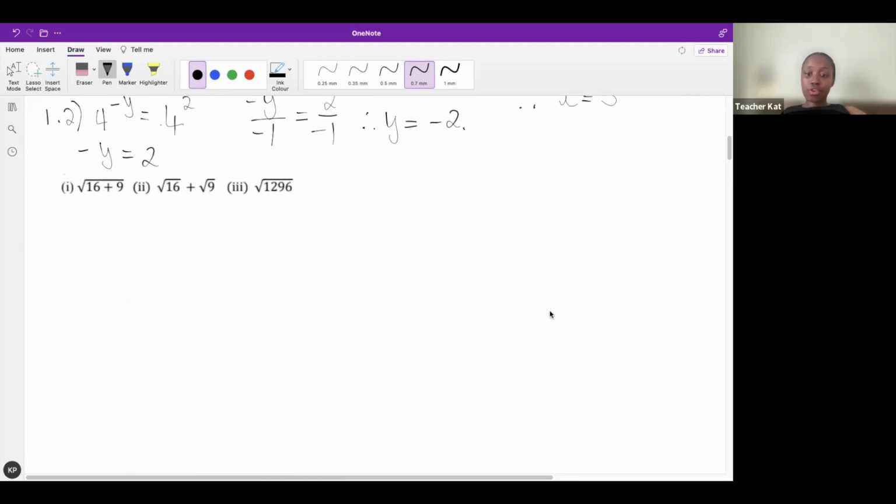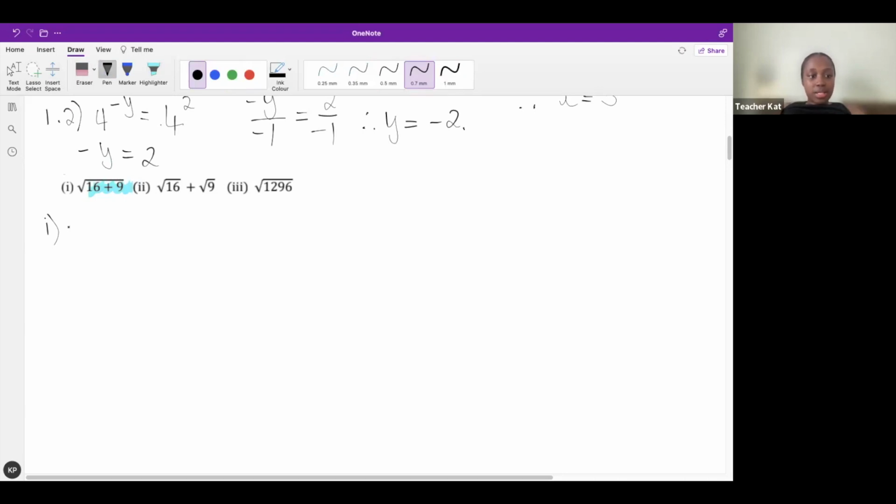So let's look at the first one. Number 1 says the square root of 16 plus 9. So how are we going to solve number 1? Our solution will start with adding everything under the square root.